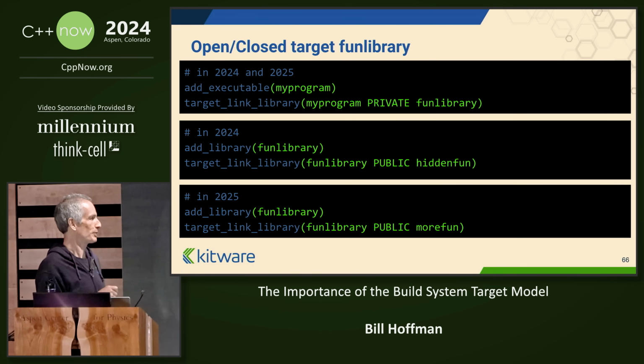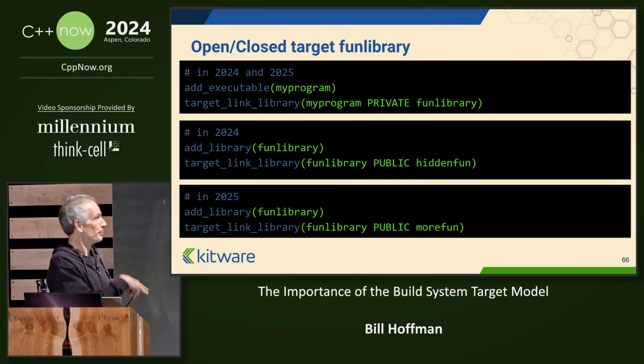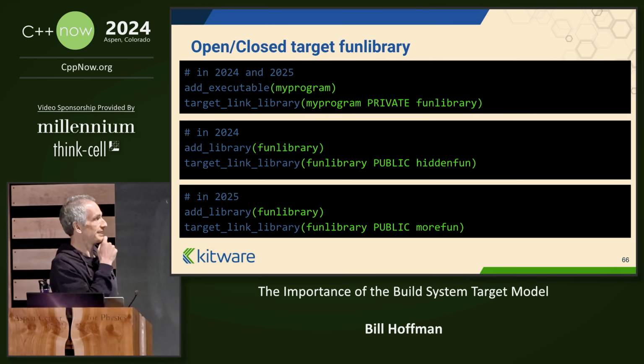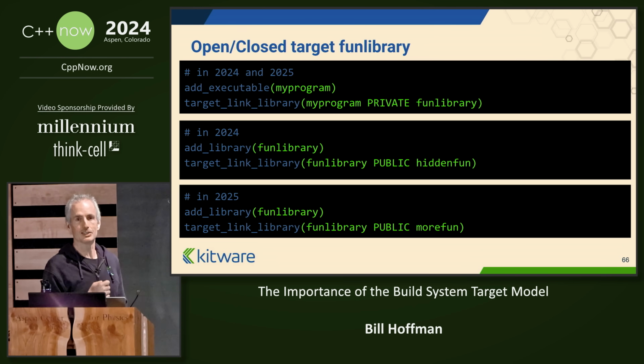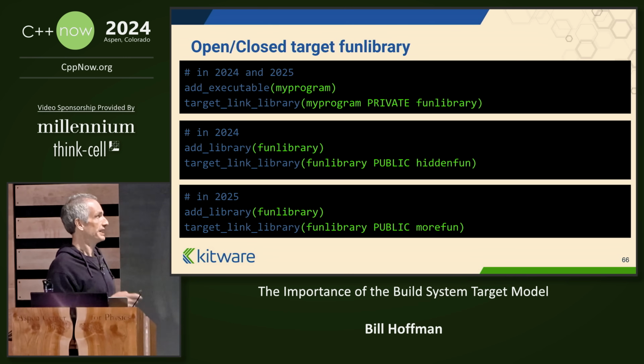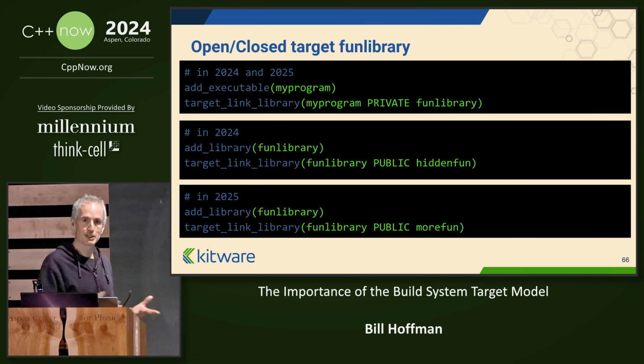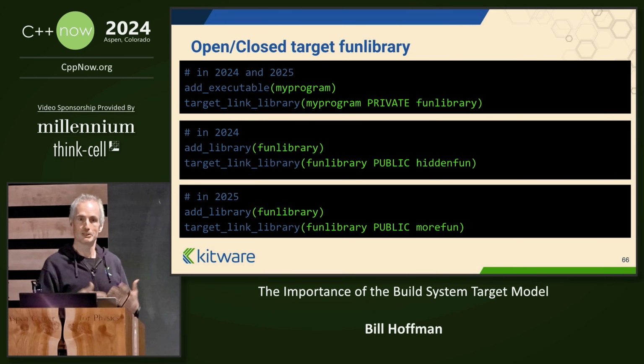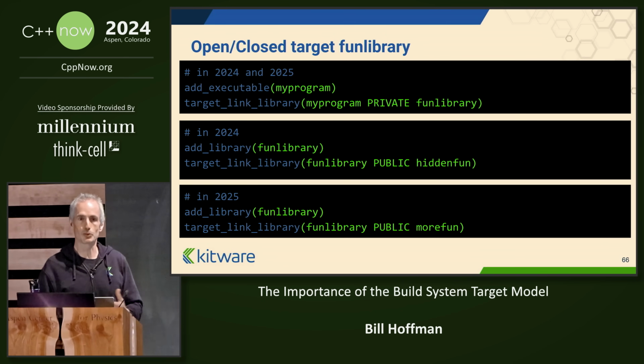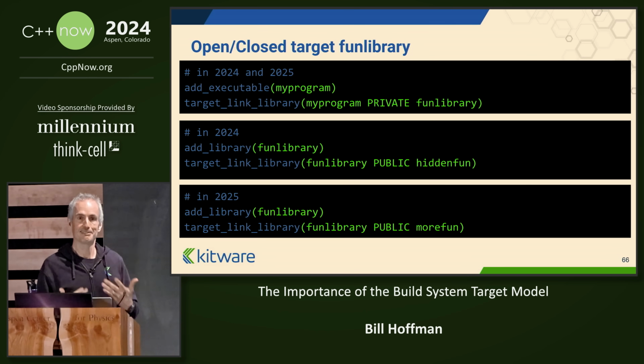I'm switching to library More Fun. But up at the top, that code doesn't need to change because the creator of the fun library is able to communicate, through exporting packages and through the target model, that it has this new dependency on a new library.